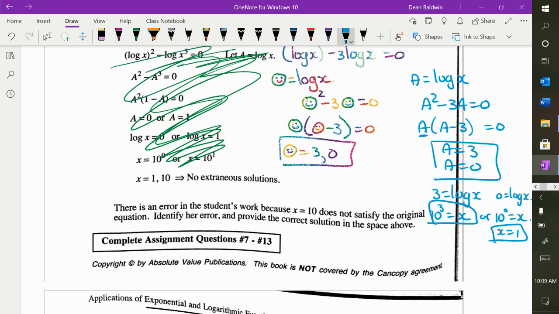I'll complete the happy face one. 3 is equal to log x, or 0 is equal to log x. There you go.